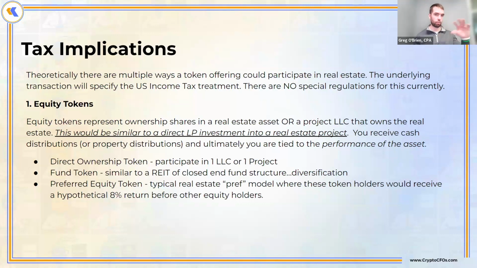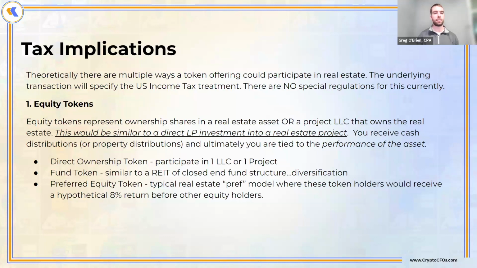So no matter what we layer around it, the underlying asset, the underlying investment, will dictate our tax treatment. There are no special regulations on this from an income tax perspective right now, and I know people will talk about that this week, so we have to keep that in mind. Now, as we mentioned at the beginning, if there are equity tokens, they're going to represent ownership shares in a real asset or the LLC that owns that project, the project LLC that owns the real estate.